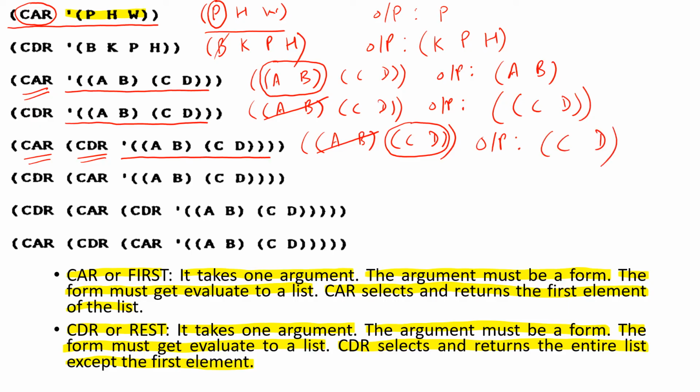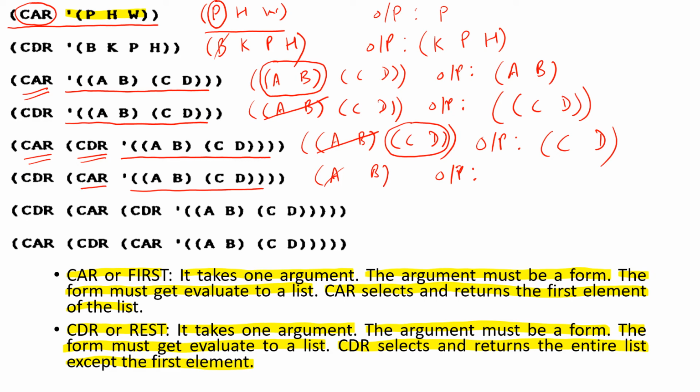Likewise, for the next example, when you apply a CAR on this list, what you get is the first element of the list, which is AB. And a CDR on that will discard the first element of the list.